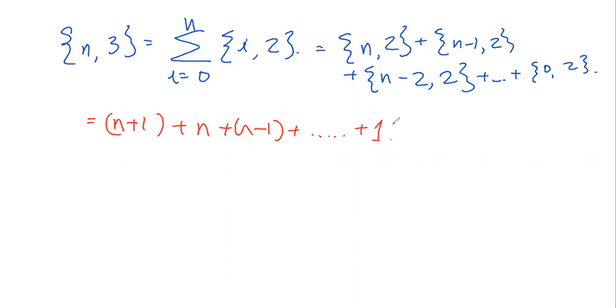Now, do we recognize what this value is? Does anyone know what this simplifies to? This little expression here. Well, how do we add numbers from 1 to, well, remember we're doing n plus 1?